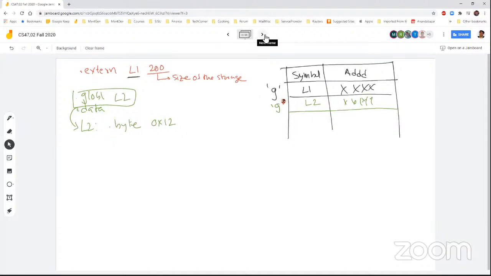So extern is implicitly making L1 a global, and it also sets aside some specific number of bytes starting from that address without any initialization needed. But for the global, you need an existing label which is being initialized with some values there. And then you are explicitly saying that, okay, this is my global label.